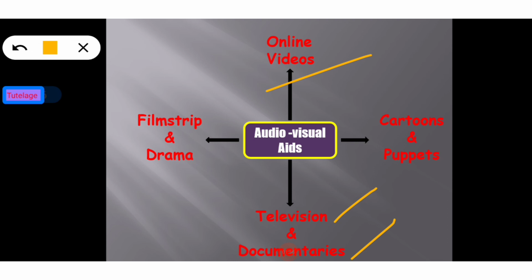Now going to another example of audio-visual aids, that is drama or play, etc. Drama or play can also be organized for spreading awareness. Such activities help in developing communication skills, presentation skills, creativity skills, and cooperation skills of the students who participate in drama.